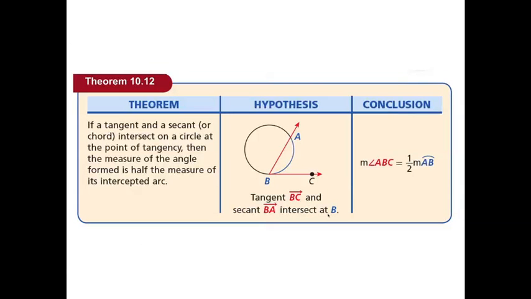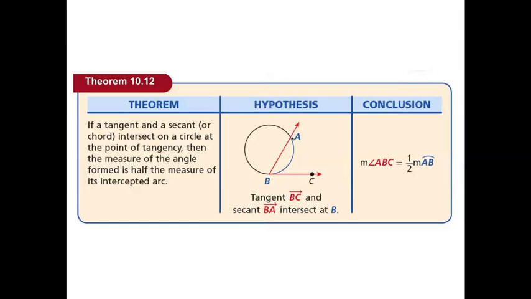Alright? Now, this theorem is for a tangent line and a secant line that have the same vertex. So the two lines creating this angle have their vertex at this point of tangency, point B, a point on the circle. Okay, so the arc between these two sides of this angle ABC is the blue arc.